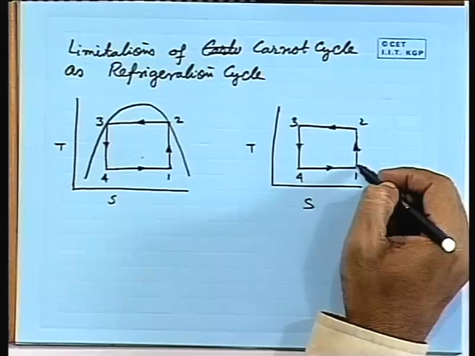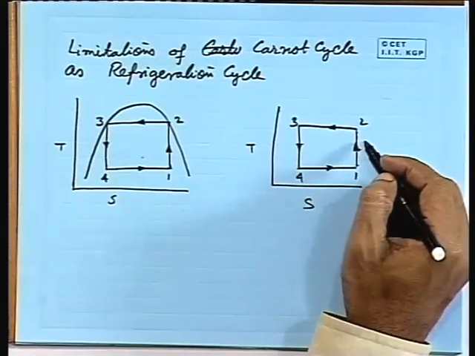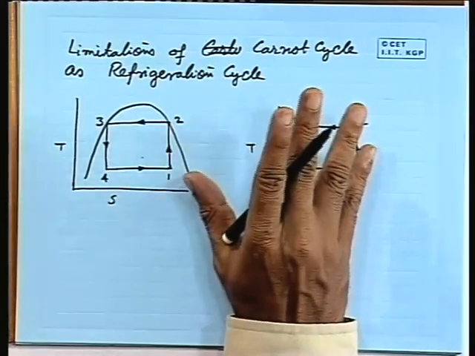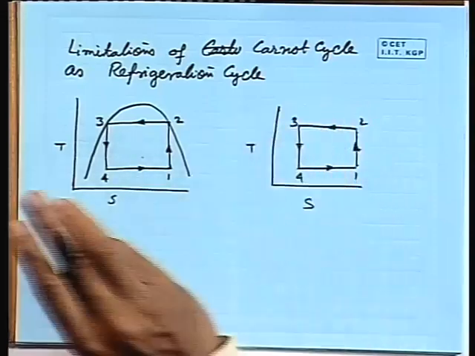Okay. See, what you have told is correct in a sense that here we will not have condensers or evaporator, but some sort of heat exchanger we will have. Those heat exchangers will be very large. And as I have discussed earlier, here we need isentropic expansion and isentropic compression.